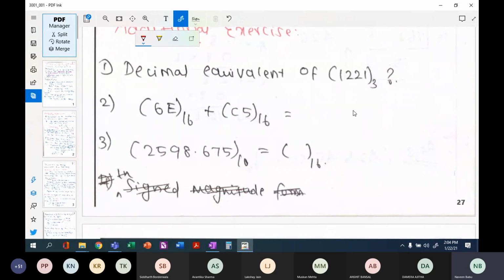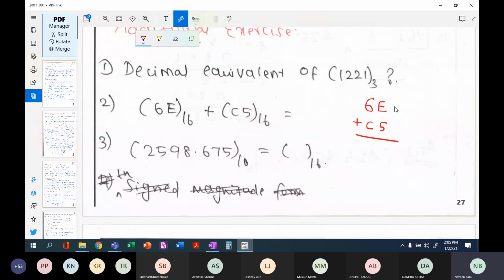Normally, you can add directly, 6E plus C5. So you have to keep in mind, E corresponds to what? 14, and 14 plus 5 is 19. And what is the equivalent of 19 in terms of hexadecimal? You have to do it.